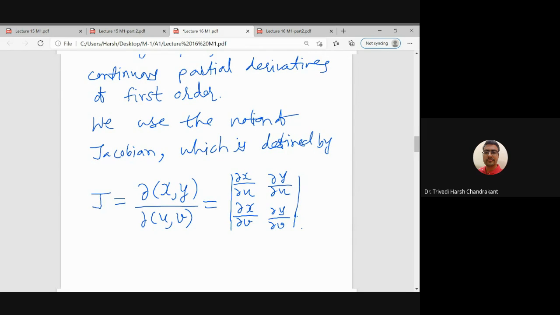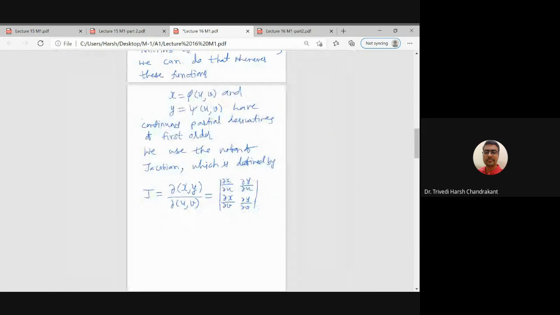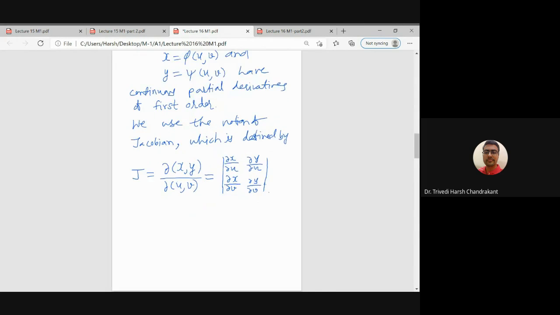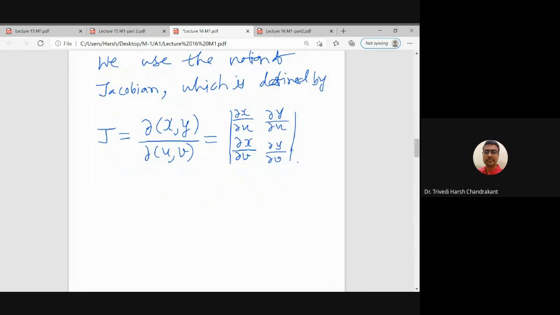Whenever we want to change the variables x, y to u and v, we find this determinant, which is known as the Jacobian of the variable change from xy to uv, and then we substitute this Jacobian into the integral.